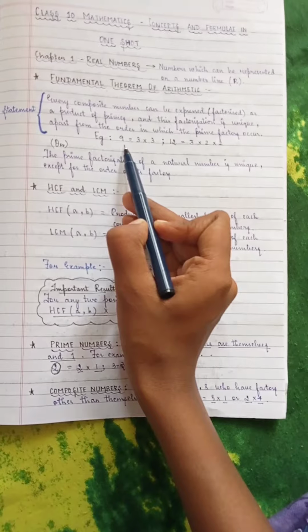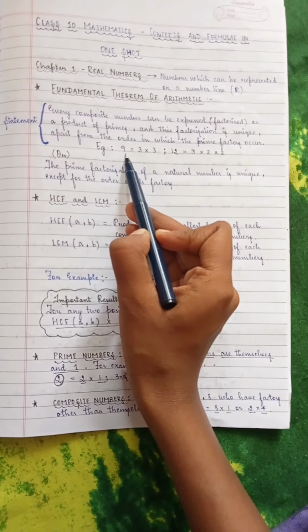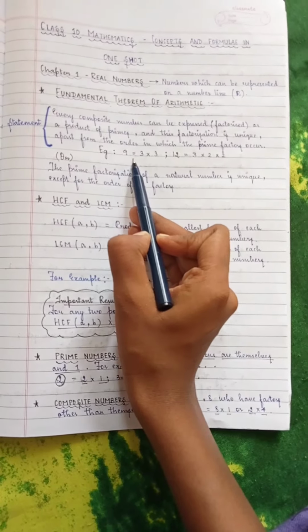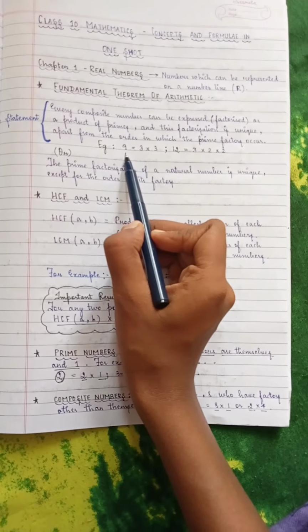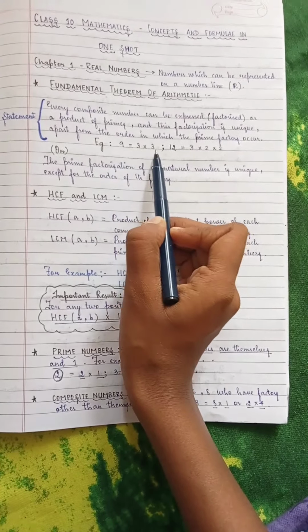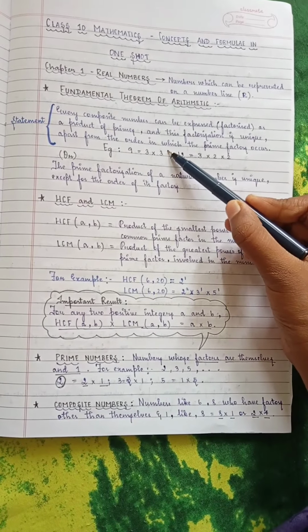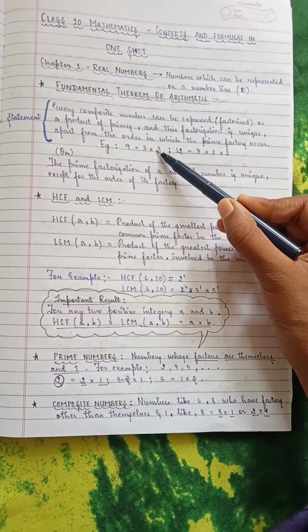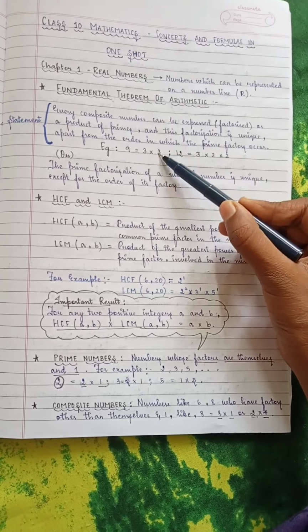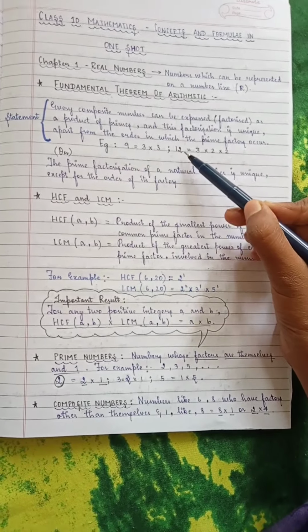Over here, if you see the example, I have taken the number 9, which is a composite number. We can write 9 as 3 times 3, a product of primes. And another example would be 12.